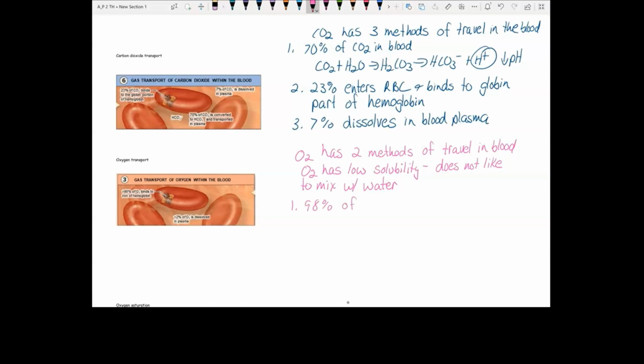So 98% of the oxygen in your blood is in your hemoglobin. And it binds to the iron in hemoglobin.